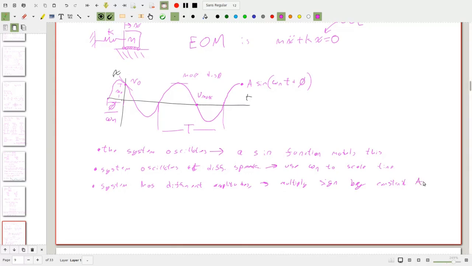Multiply a sine by a constant A, and then, okay, gentleman in the red shirt, what's your name? Will. That's Nick and Will. And what's your name? Brandon. No, I got Trey. You look the same to me.